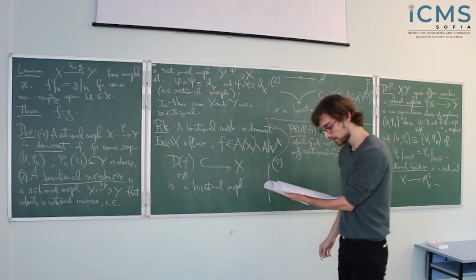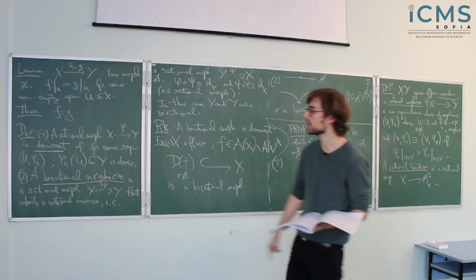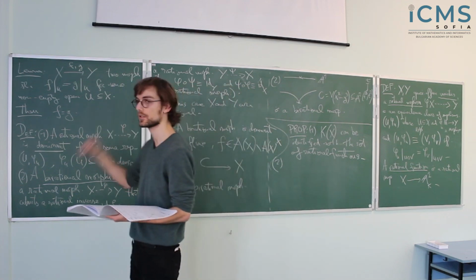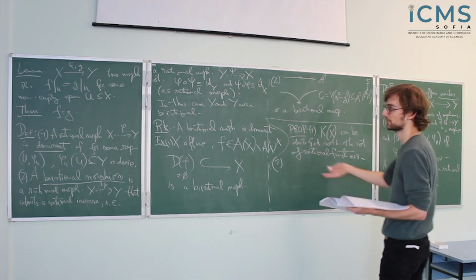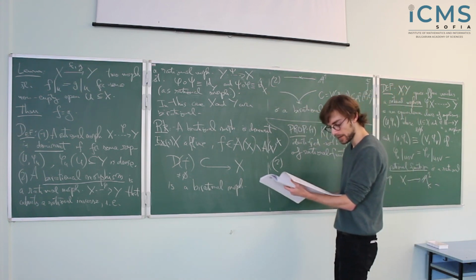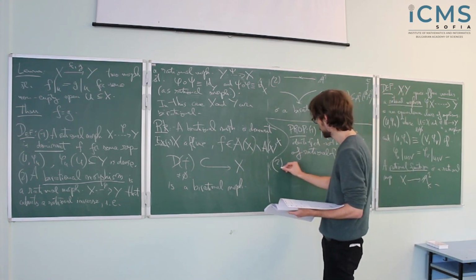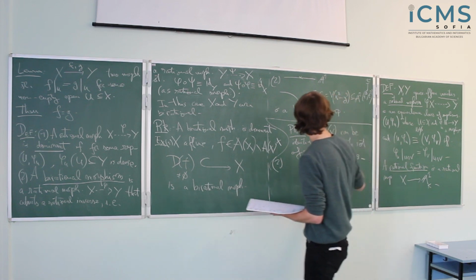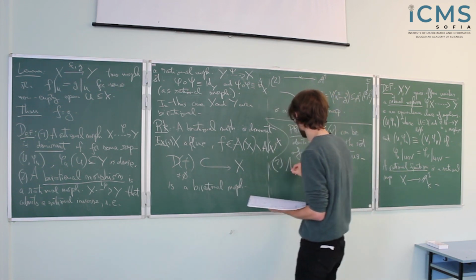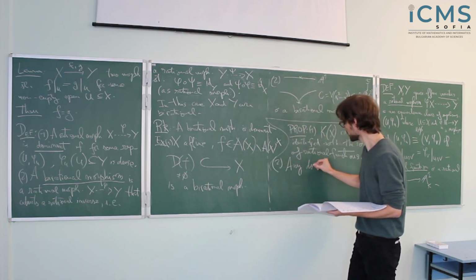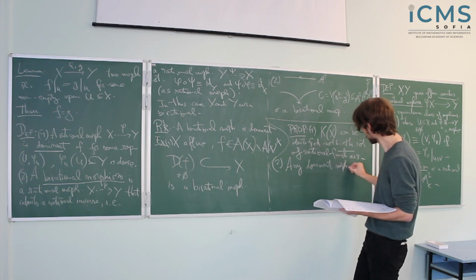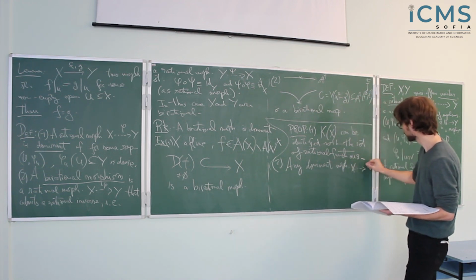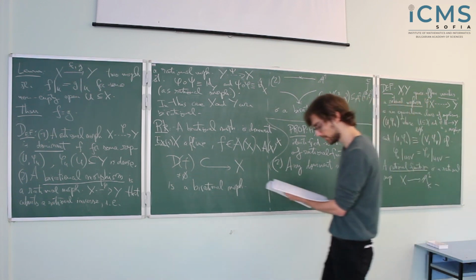Well, the second one is what happens if we take a dominant morphism? What happens between the function fields? Well, this corresponds to an injection between the function fields. So any dominant morphism from x to y, called phi.